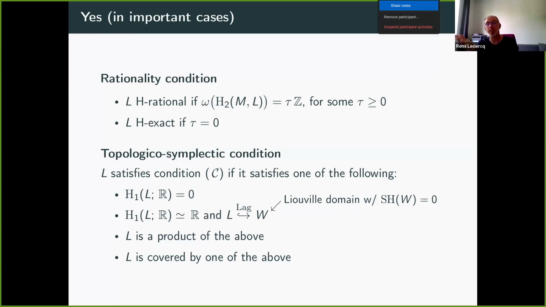I think Felix is looking for the next case where you cannot decide, where you are in between. I think there are plenty of manifolds which do not fit in condition C, but now I'm lacking the imagination.